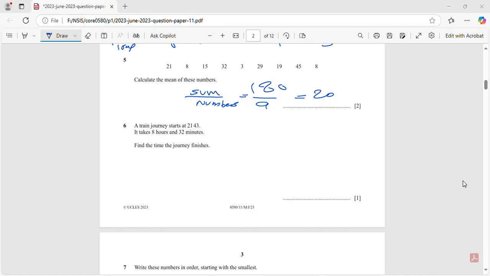Just click 21, then 43, then plus, then 8 hours, so 8, then 32, so we can note that it equals 30:15, right?